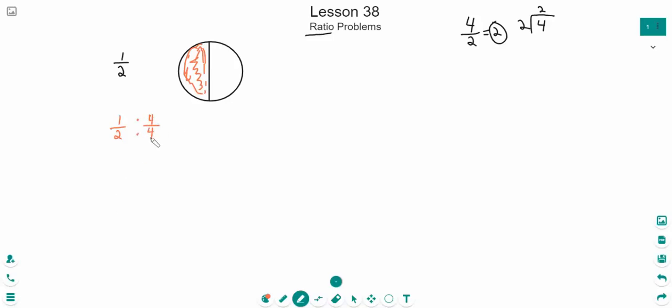Well, 4 over 4 is equivalent to 1. So we're really only multiplying this fraction by 1, which of course doesn't change it. But in this case, we'll notice that the numbers actually change. So 1 times 4 is 4, 2 times 4 is 8, and so we end up with 4/8. So 1/2 is equivalent to 4/8.